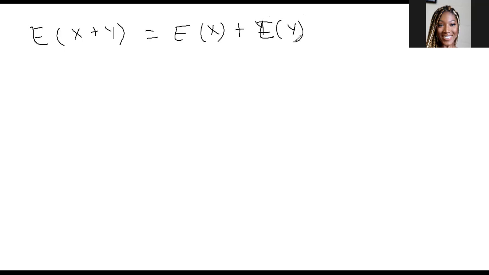So the first thing to prove is that E of X plus Y equals E of X plus E of Y. This is in general. Whatever the distribution you have, you should be able to have this.